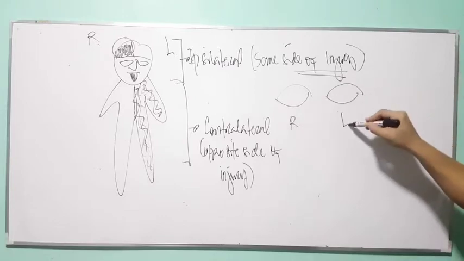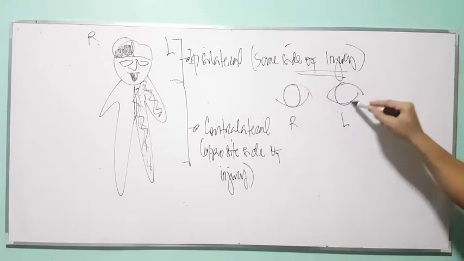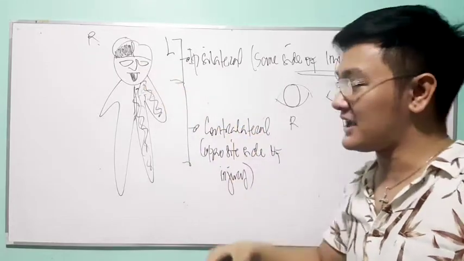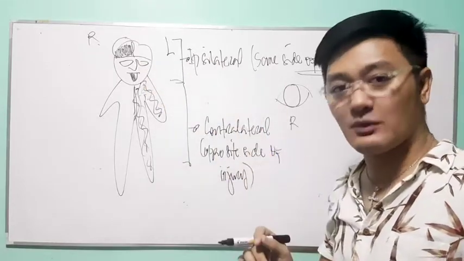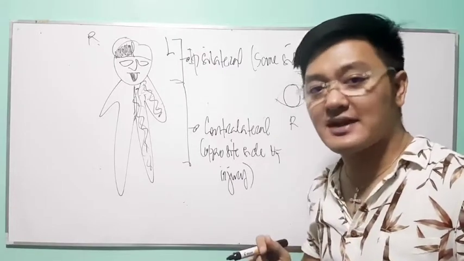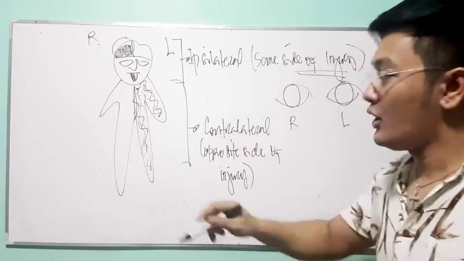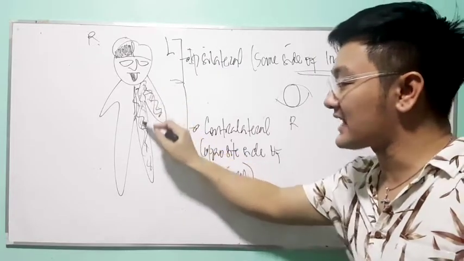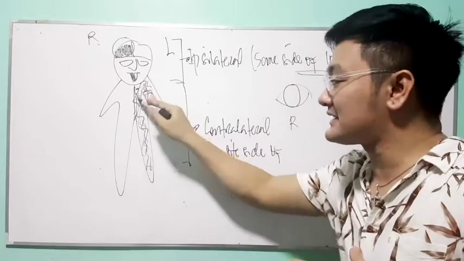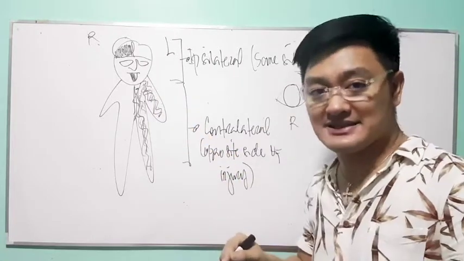This will be the left eye of the patient. Okay? So tell me, right hemispheric stroke, saan yung blindness ng patient? Right side or left side? What's your answer? Right or left? The correct answer is left side. So your technique, kung saan ang paralysis sa katawan ng pasyente, kung saan yung paralysis sa katawan, dun ang blindness ng patient.